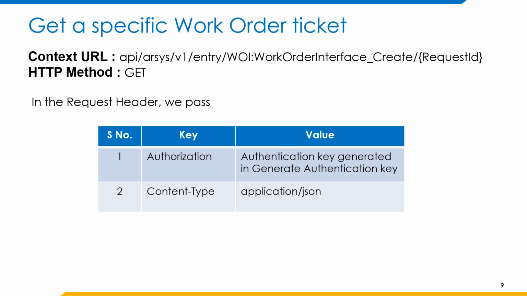Here we need the request ID of the ticket to get the details of that ticket. As part of the request header, we pass an attribute such as authorization, which specifies the authorization key generated in the generate authentication key API.